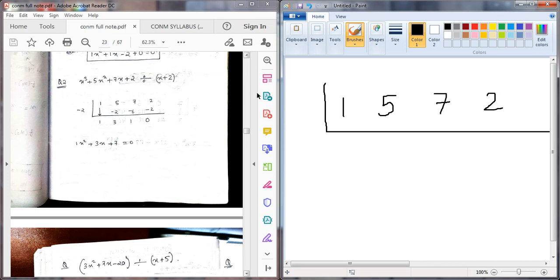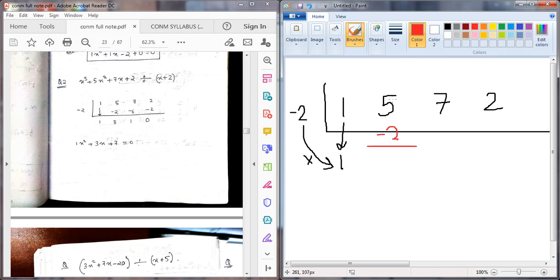I will be using -2 over here, because x plus 2 is equal to 0, so x is equal to -2. I will be using -2. 1 goes as it is, 1. -2 into 1 is -2.